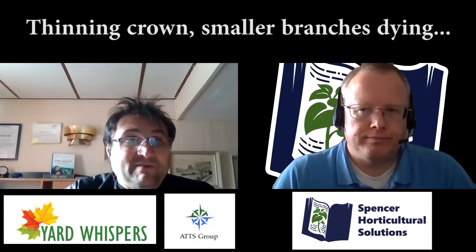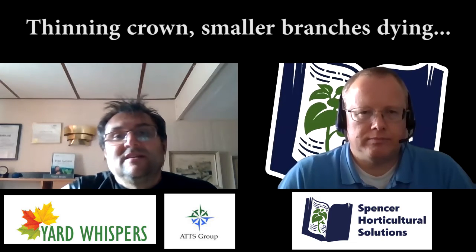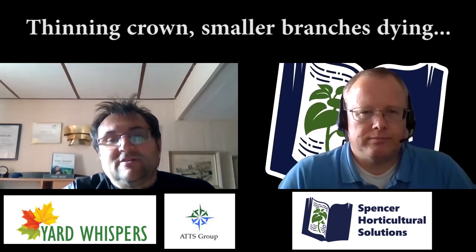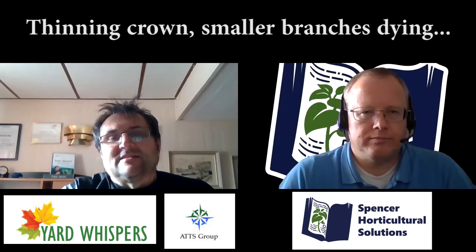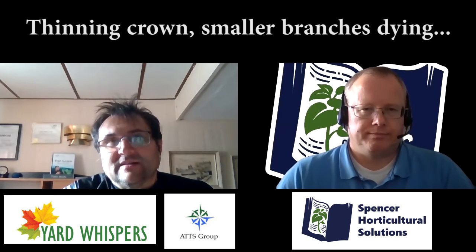A good example this year is the Siberian elm, and most of the elm trees were affected by the cold weather. It's tied mostly to the roots: the cold air went into the root system and killed a huge portion of the roots.